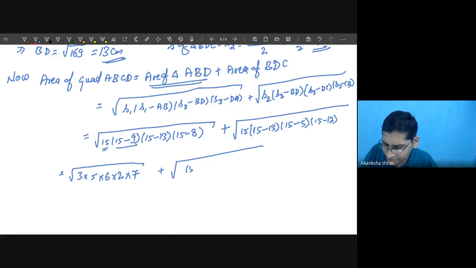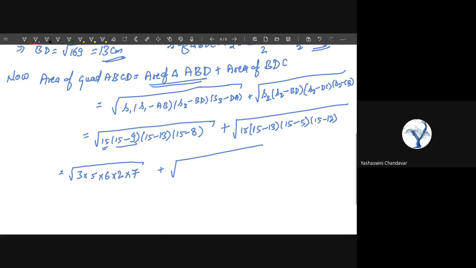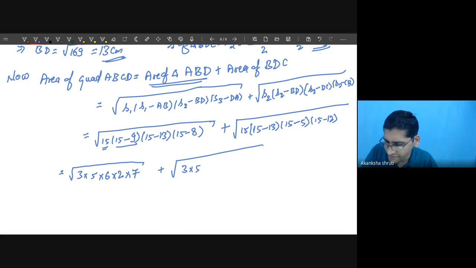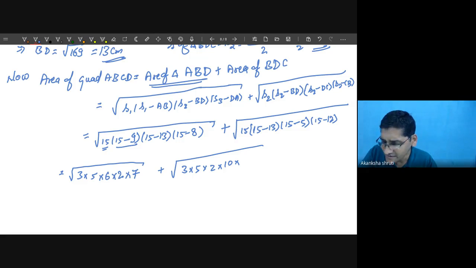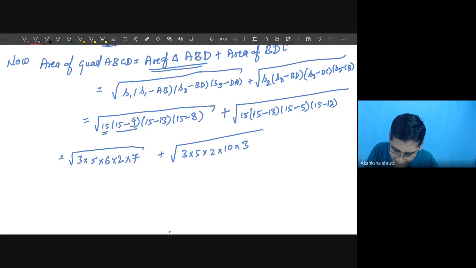What is that? 15. 15 may be simplified directly as 3 into 5. First bracket is our 2. Second bracket gives us 10. The third bracket gives us 3. So what can be taken out? Student, these 3 appear to us.